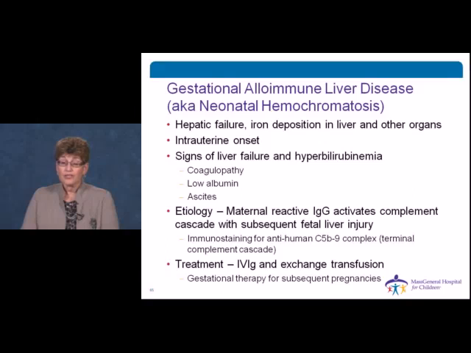Gestational therapy for subsequent pregnancies has also become the standard of care. Because this is an alloimmune disease, subsequent pregnancies are at a high risk for developing the same problem, about 90% in subsequent pregnancies, and treating the mother during her pregnancy with IVIG is very effective in preventing the manifestations of GALD.